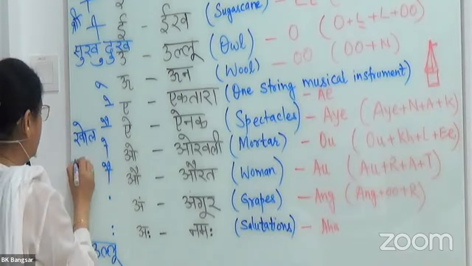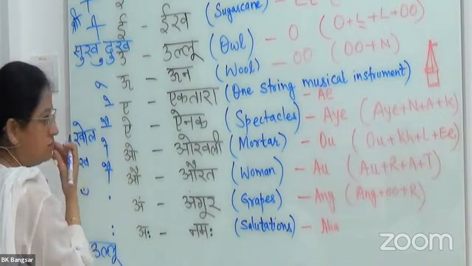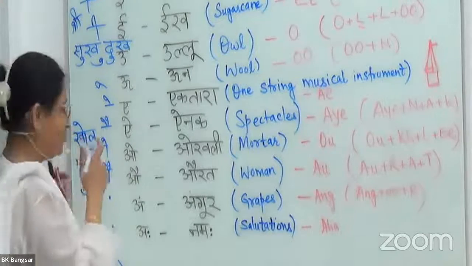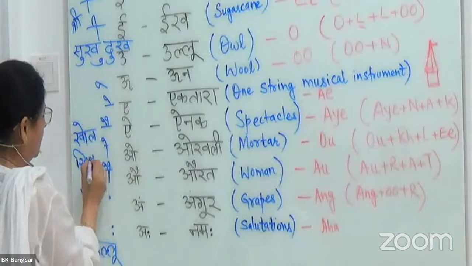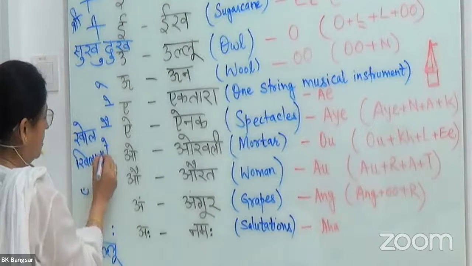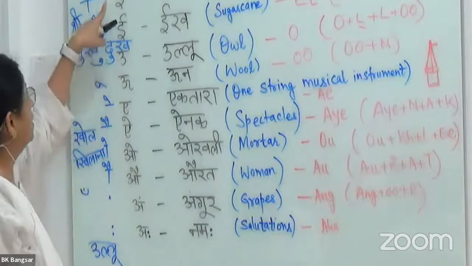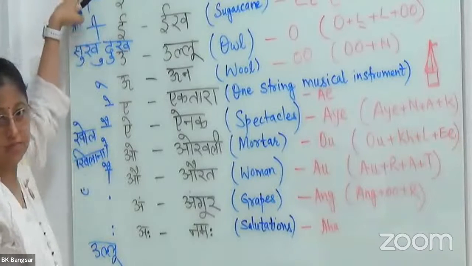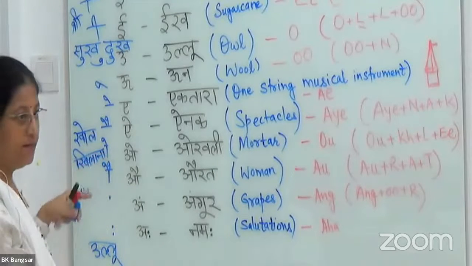Another one, also using a few matras. Ki, la, na. So it has the small e and 2 times a. So ki, la, na.